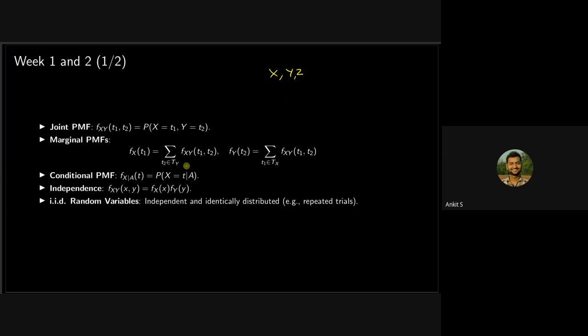Then when you consider conditional PMFs, you could have multiple kinds of them. For example, you could have the probability of x equals something and y equals something, given z had taken some value.